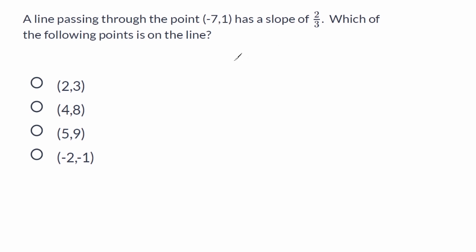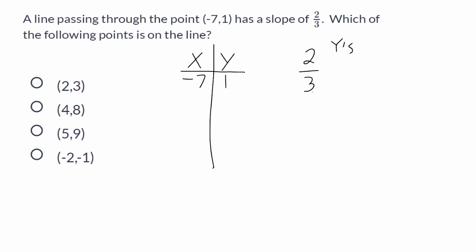Now, to solve a problem like this, my strategy is going to be to start by writing the point that is given, (-7, 1), in this function table, and then take our slope and understand that the numerator is the change in the y values and that the denominator is the change in x's. Now, what that really means here is I can go to the first y entry, which is 1, and just start adding 2.